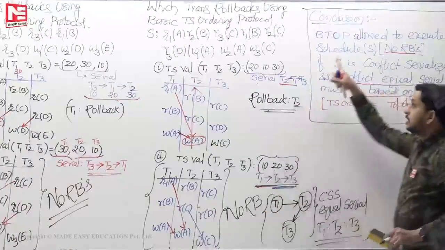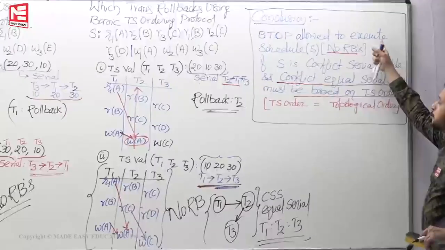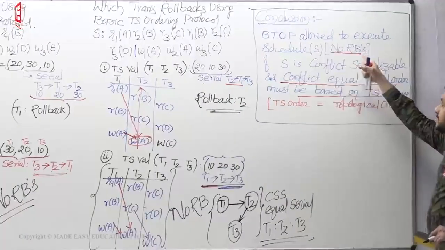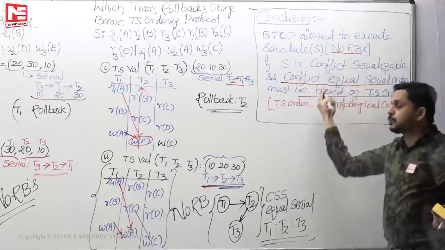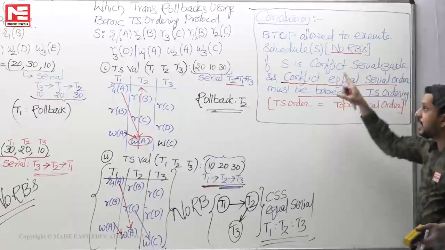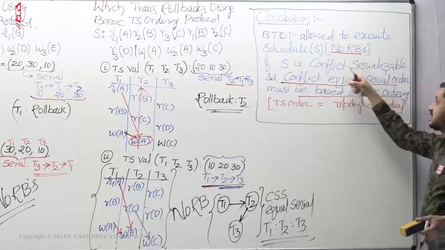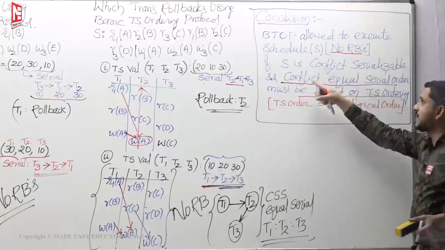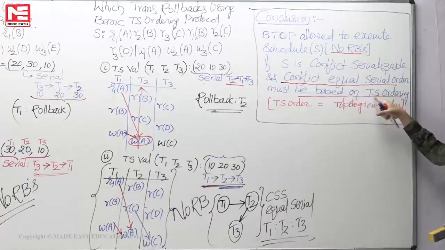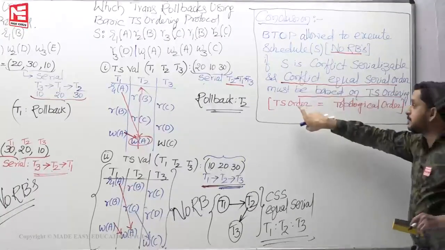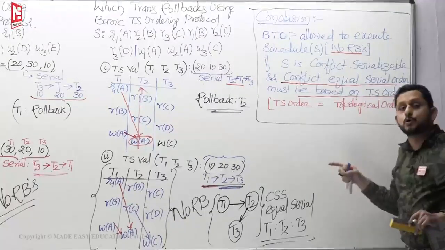Clear? If the basic timestamp ordering protocol allows the schedule to execute, it means no rollback. Not allowed to execute means at least one rollback. Allowed to execute means the schedule is conflict serializable and the conflict equal serial order is based on timestamp ordering. It means if the timestamp order is equal to the topological order, then no rollback.